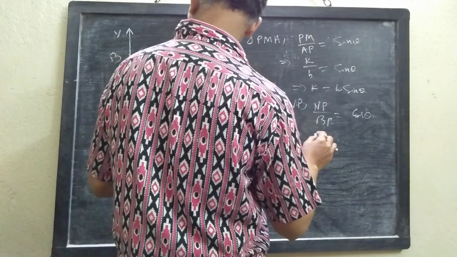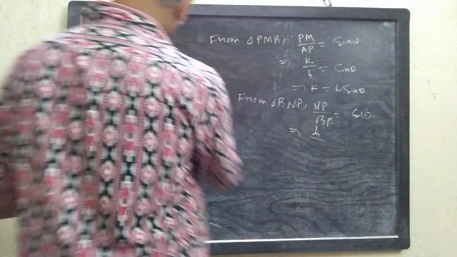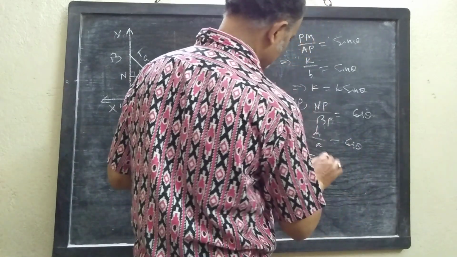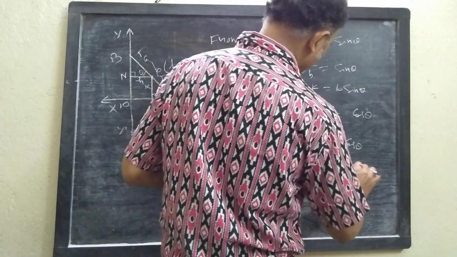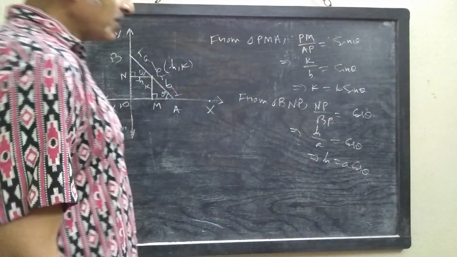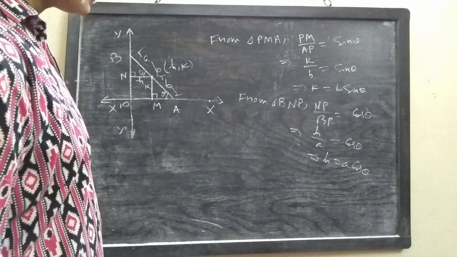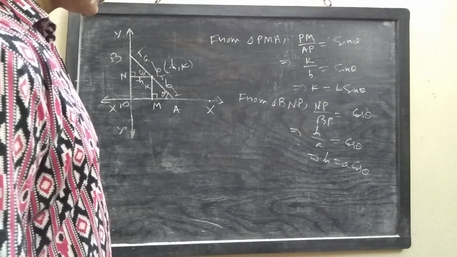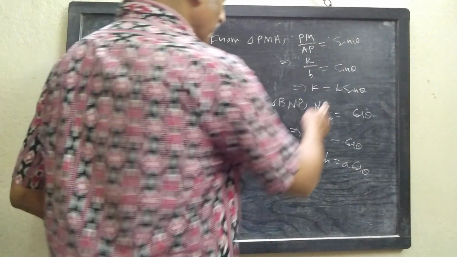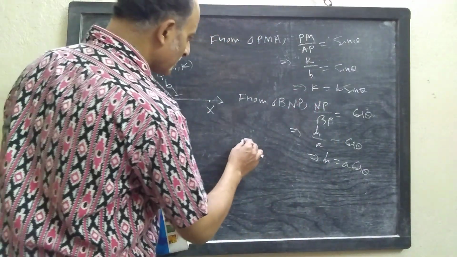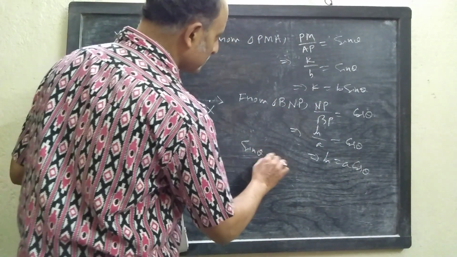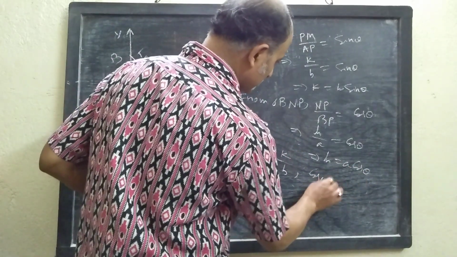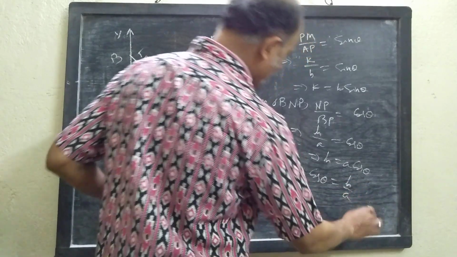That implies NP is h here and BP is a, given, equals cos theta. So h will be a cos theta. So you get h and k. Now from this relation you can write sin theta is k by b, and from this relation cos theta is h by a.